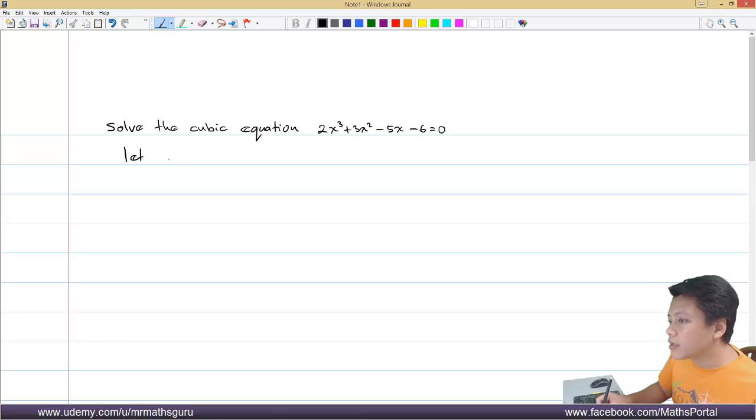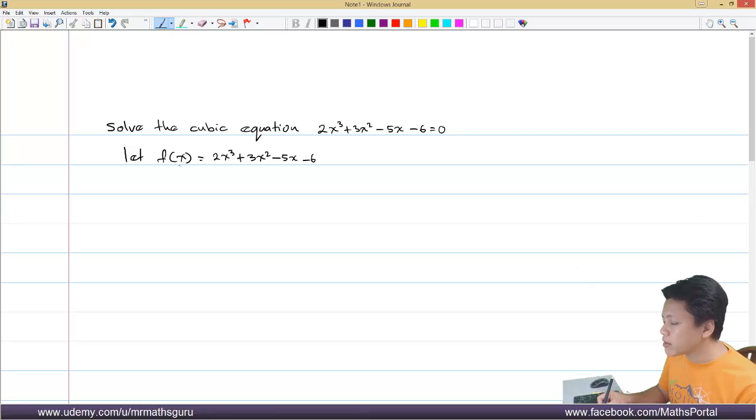First, let's assign a function expression to this equation. Then we replace a value in place of this x variable to make the expression 0, and then we'll know that that is one of the values of x.